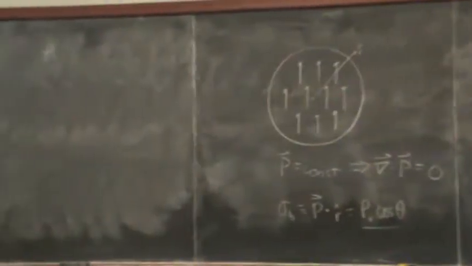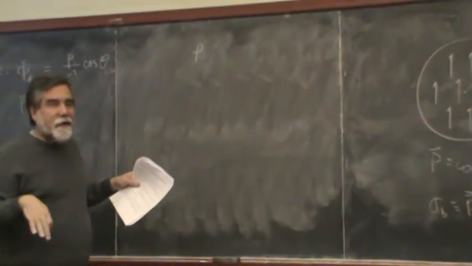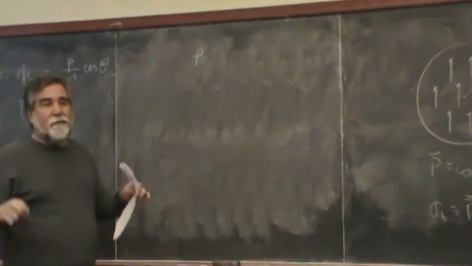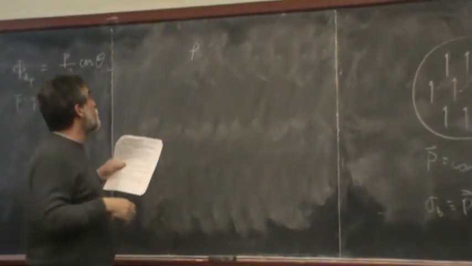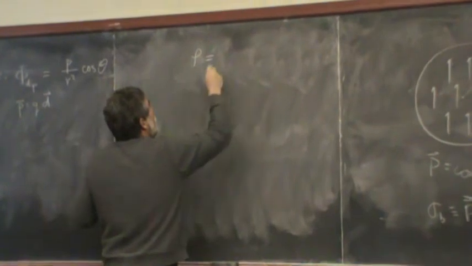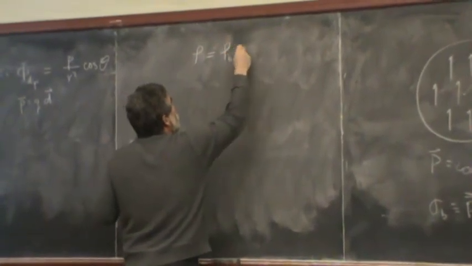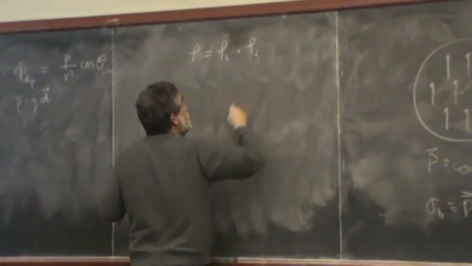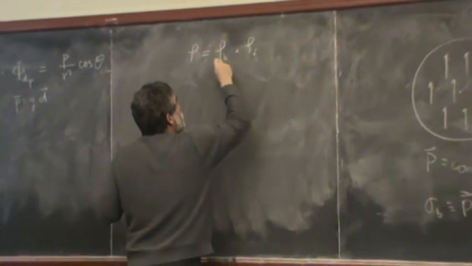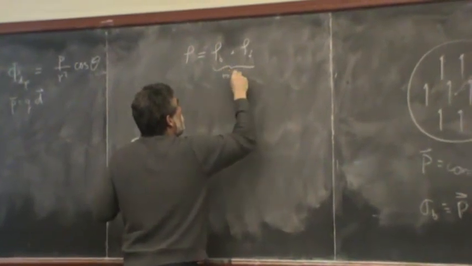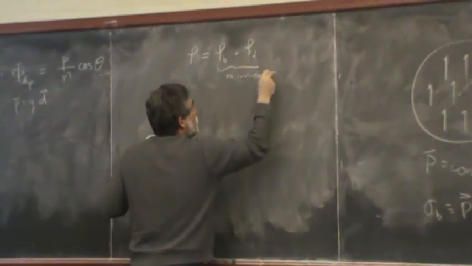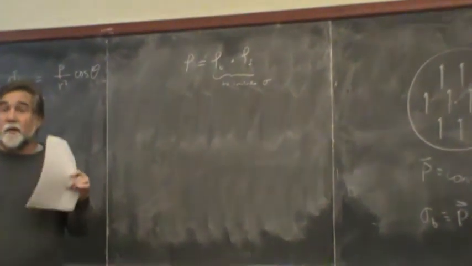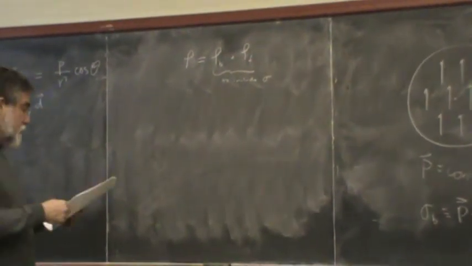This will include surface charge. It's all the charge. Bound and free, so I write rho bound plus rho free. But this can include surface charges. So it's all the charge.